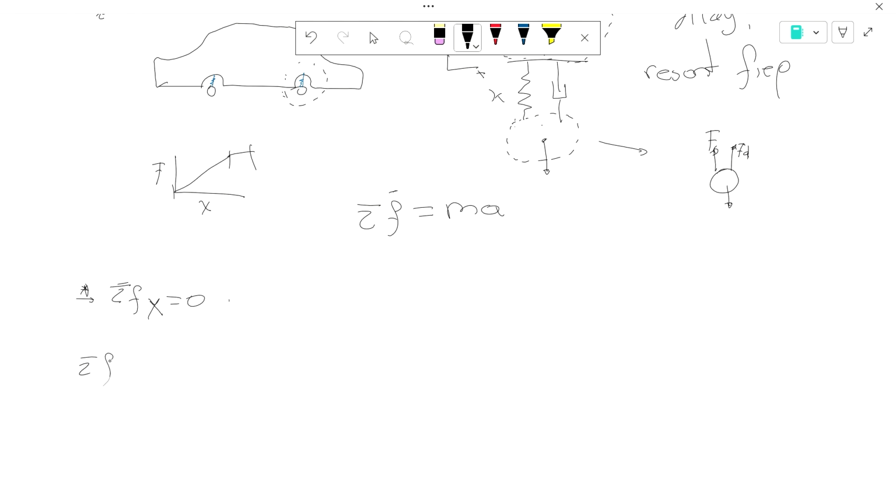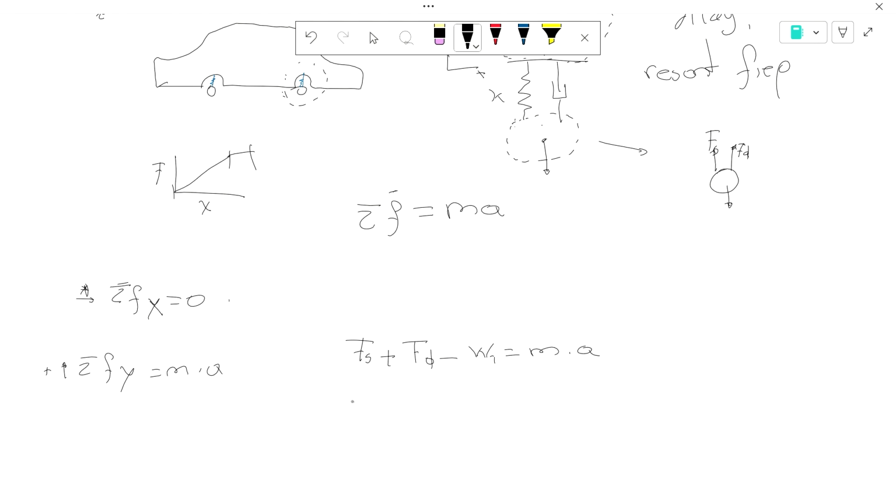But let's say summation of forces in Y equals mass times acceleration. Let's say positive up. So we have F spring plus F damping minus the weight of the tire is equal to mass times acceleration.